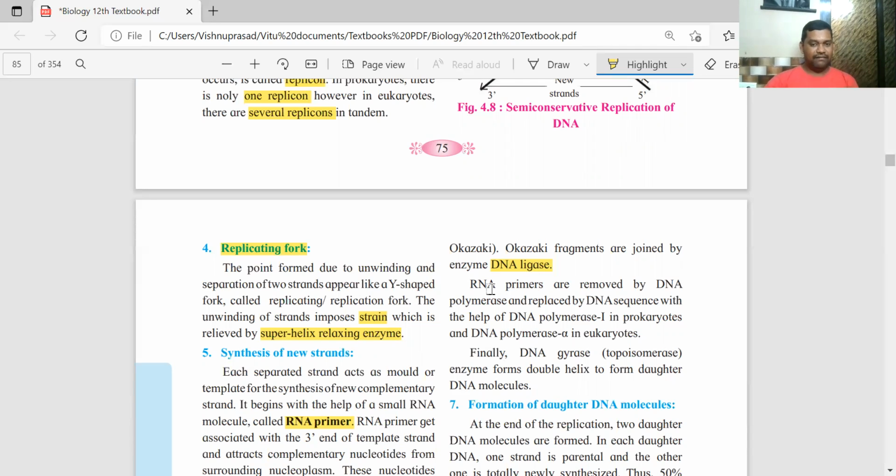RNA primer was the one which initiated the formation of the new strand. DNA polymerase जैसे ही आके continue करेगा, RNA primers are removed by it.